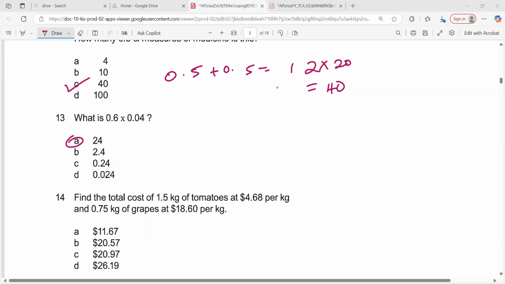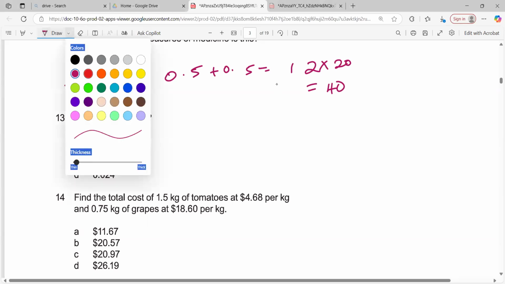4 times 0 is 0, plus the 2 would make 2, which is 24. The others would be 0 times 6, which is 0. 0 times 0 is 0, and then 0 times 6 again, 0. 0 times 0 is 0. And that will give you 0, 0, 2, 4.